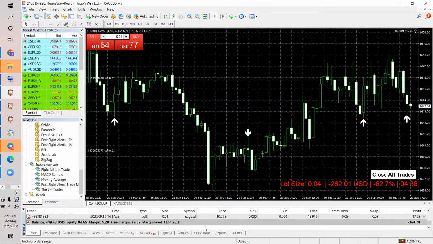So now our rules are going to be a little bit different. Well, our rules are the same. We will allow these trades to play out. But what we need to do now is wait until we get to a proper buy position in order to close the buy trade out.